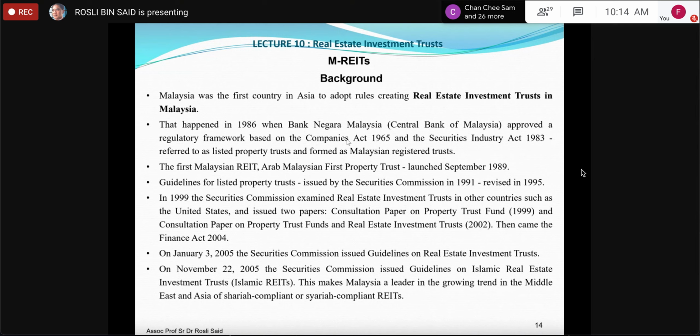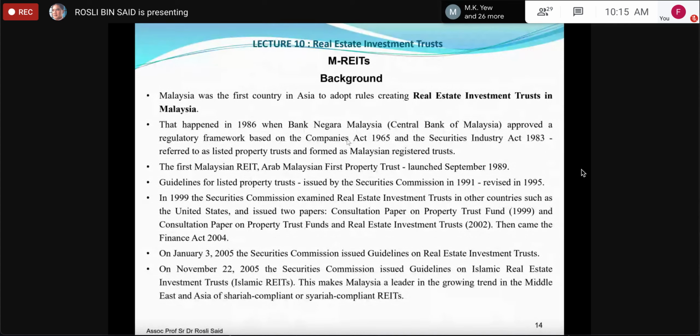A property trust is just a trust company that can come up with a property trust in the form of securities, and then people can purchase it, but they are not subject to 90% dividend to be paid to purchasers. And they are also not subject to the 75% of their income having to come from real estate. So basically they can invest in any real estate with no limitation. There is a certain limitation, but not exactly the same as a REIT company.